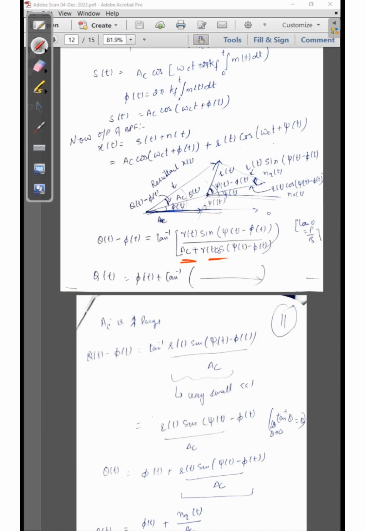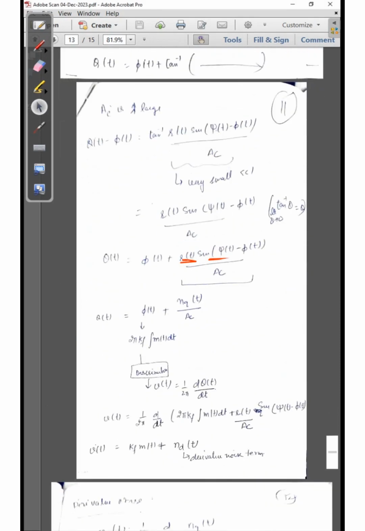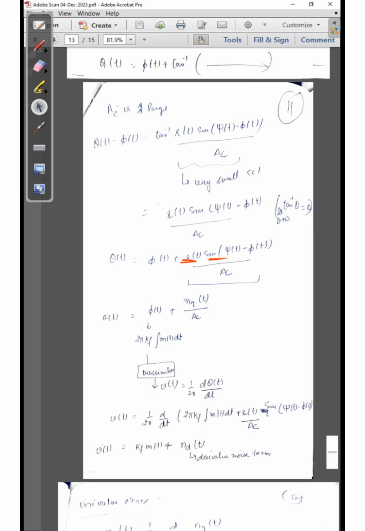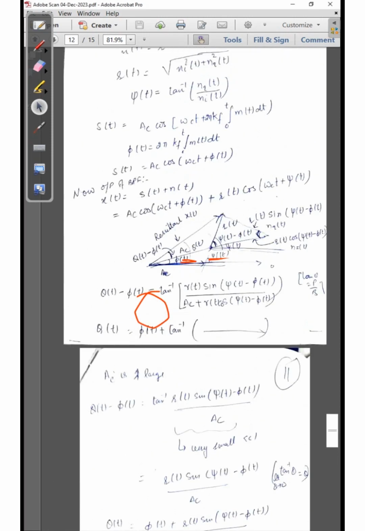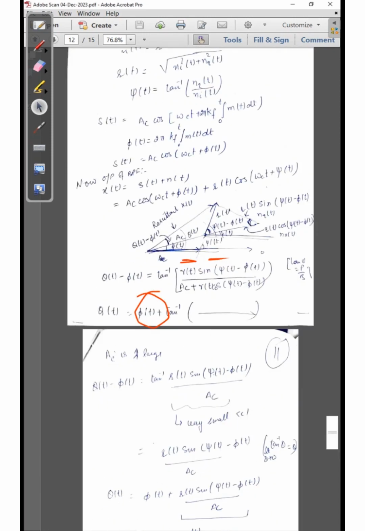Now I can write theta of t equals phi of t plus r of t sin(psi of t minus phi of t) by Ac. Now what is my phi of t? If you remember, or I'll show you again, phi of t was 2 pi k_f times the integral of m of t.